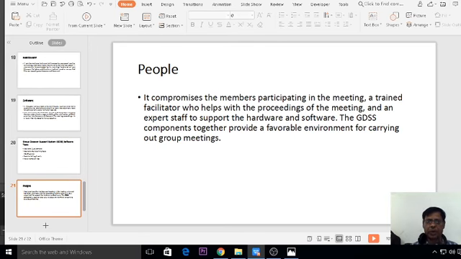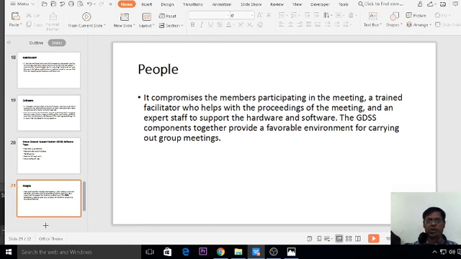People is nothing but the manpower, the hands-on manpower. It includes the labor, the managers, the high-end officers. It comprises the members participating in the meeting, a trained facilitator who helps with the proceedings of the meeting, and expert staff to support the hardware and software.